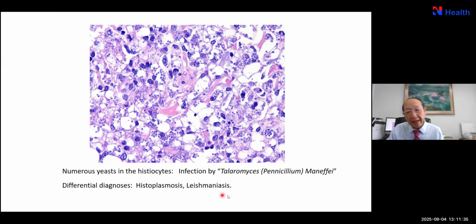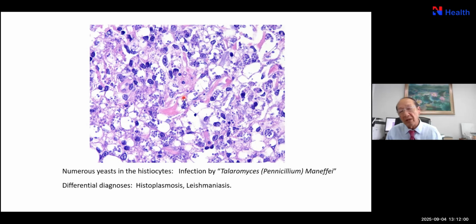There is one category that can mimic this. It is leishmaniasis. Usually, the infection is found in the Middle East, but nowadays people can travel all over the world. We have seen this leishmaniasis a few cases every year.